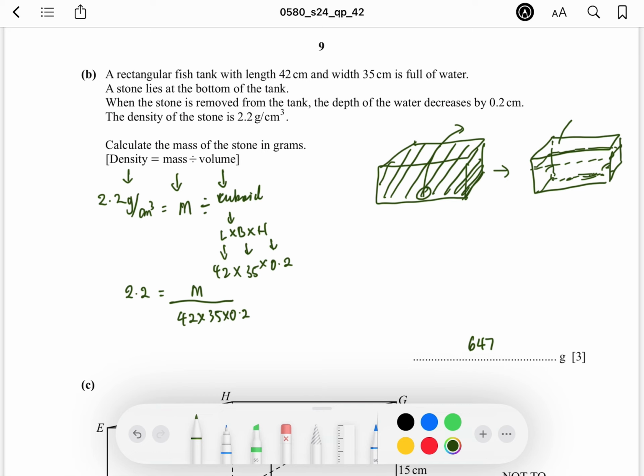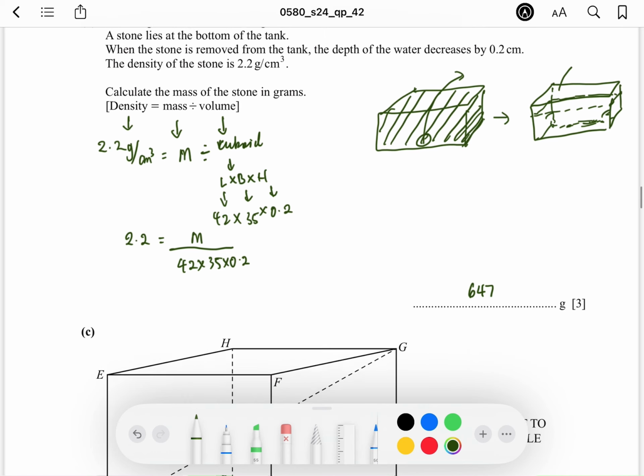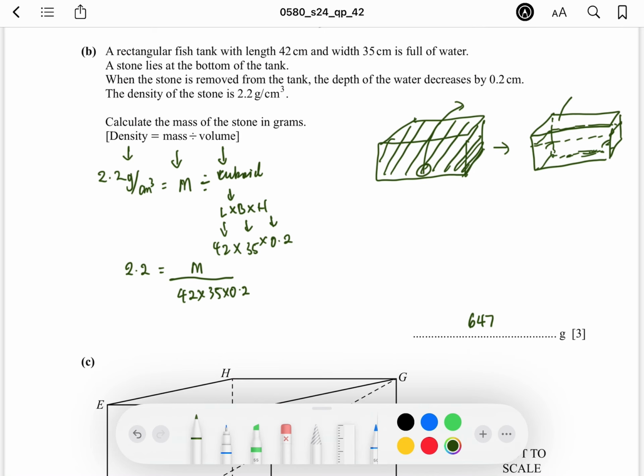Three significant figures would be 647. You got it? Okay? Your calculation needs to be there. Times both sides with 42 times 35 times 0.2.